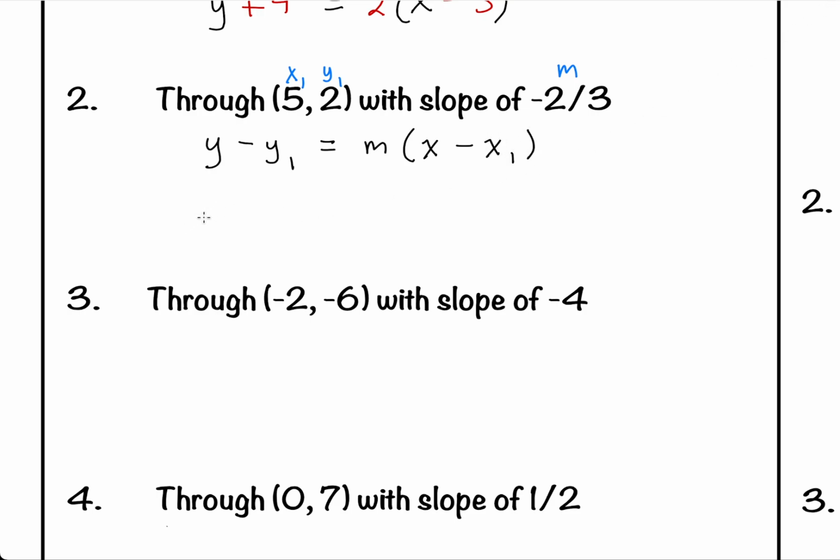Down below it, I'm going to rewrite it, but replacing the values. For minus y1, y1 was +2, so I'm going to make it -2. My x1 is +5, so I make it -5. My m was -2/3, so I keep it -2/3.